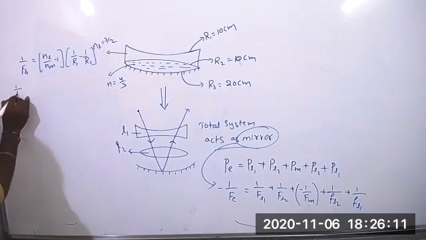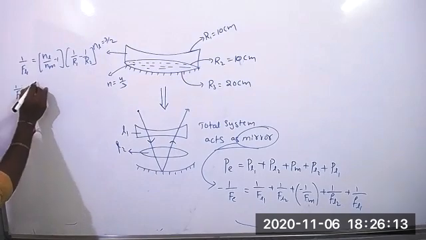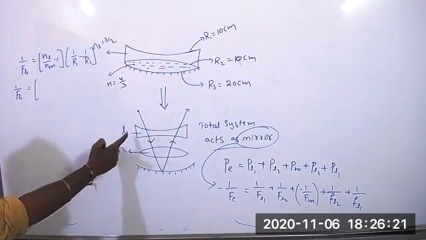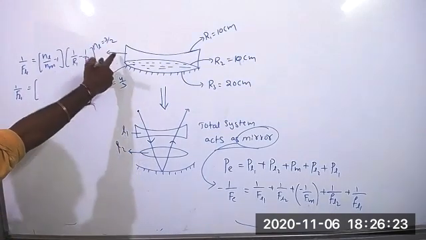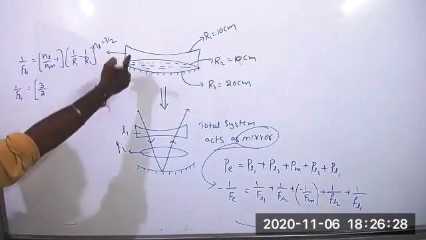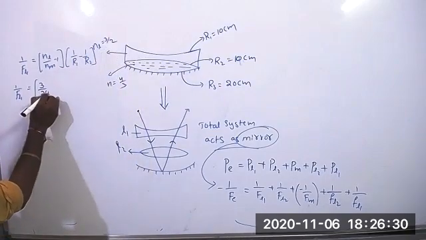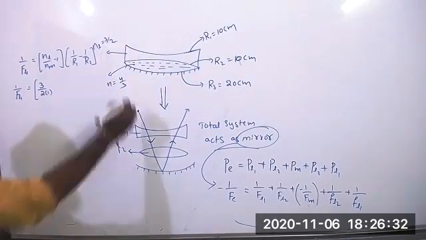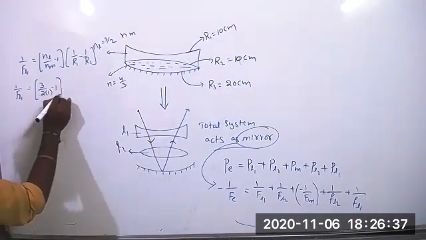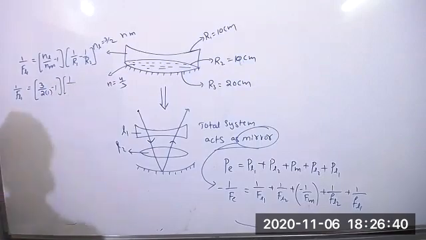So 1 by FL1 equal to, tell me what is NL? NL how much? What is the refractive index? 3 by 2. What is NM? Medium refractive index how much? 1, because first medium, no? Minus 1. 1 by R1, 10 centimeter.